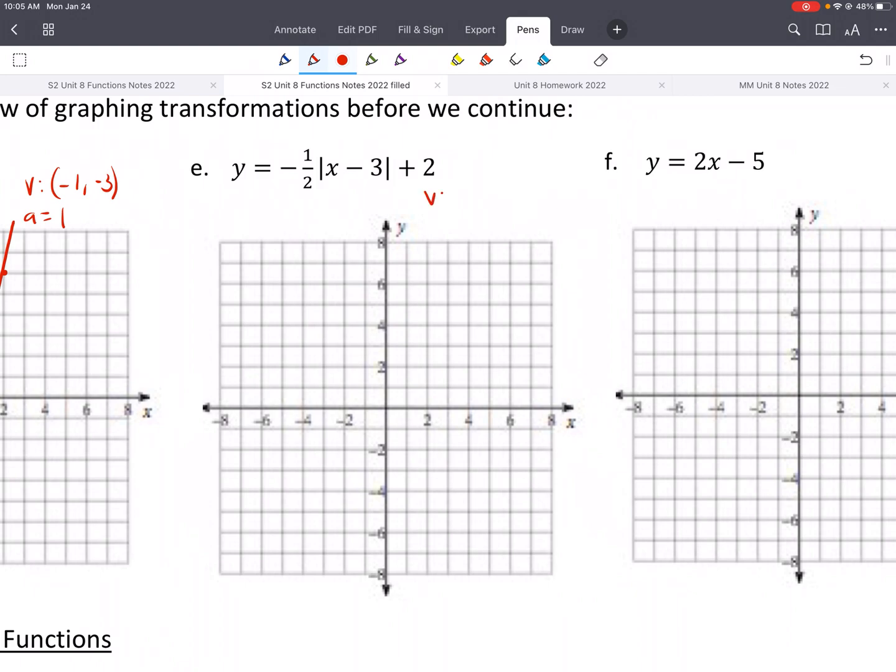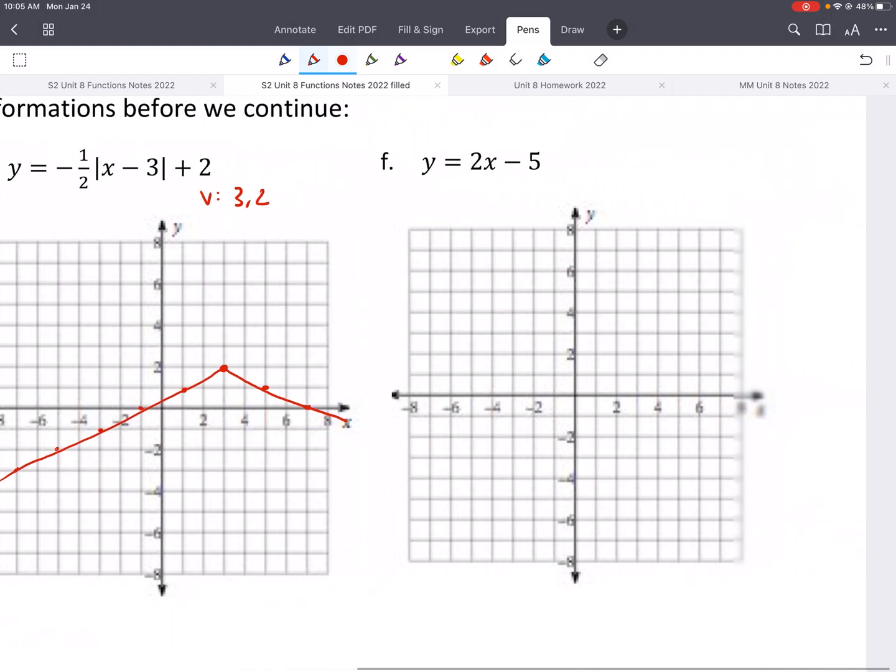Looks like we have a vertex of 3, 2, and the slope is -1/2, so down 1 over 2, down 1 over 2, rise over run. Then we mirror it to the opposite side. Again, you'll probably have some sort of domain restrictions where maybe it will only go from here to here or something like that.